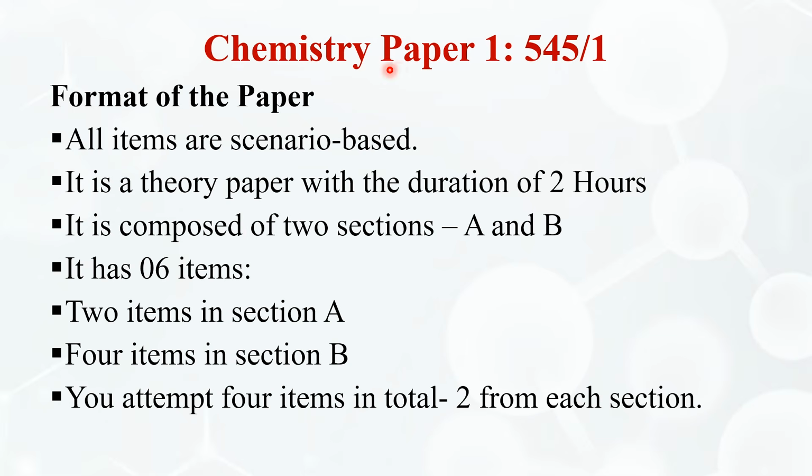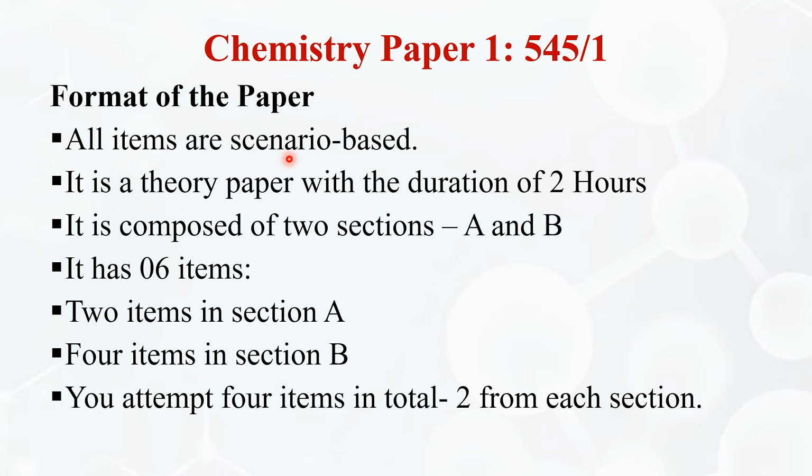Now, chemistry paper 1 has a format, and I believe by now we should be knowing something about this: chemistry paper 1, all items are scenario based. We don't have any item in chemistry which is just direct, where they say, what is chemistry?